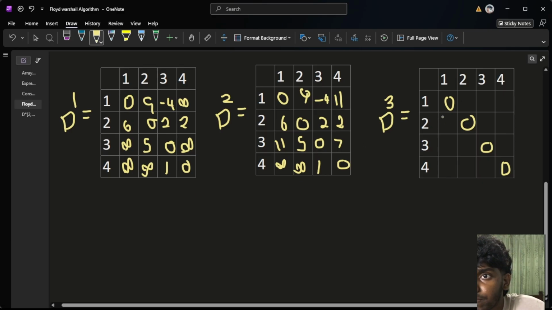The column will be 5, 7, and then -4, 2, 1. Okay, so we have to fill these blanks.